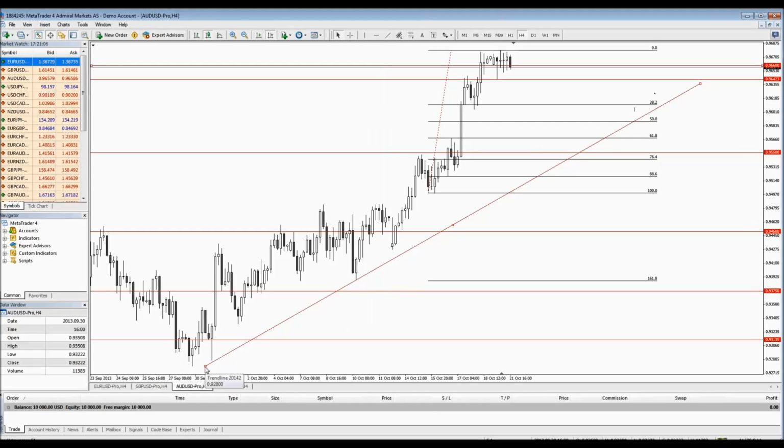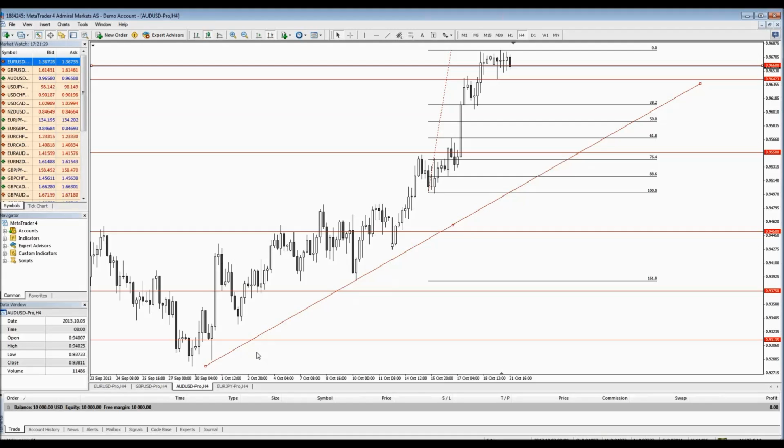This is not a channel now because this was broken. So this is just a lower trend line. But this is a strong trend line because this was immediate trend. Now this is medium trend, and this presents a long-term trend.